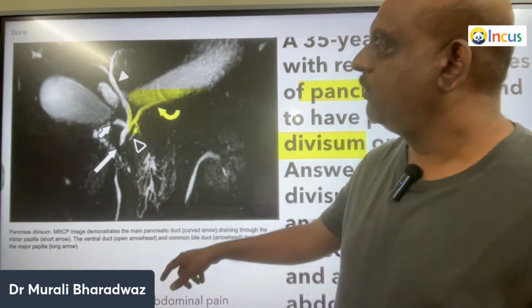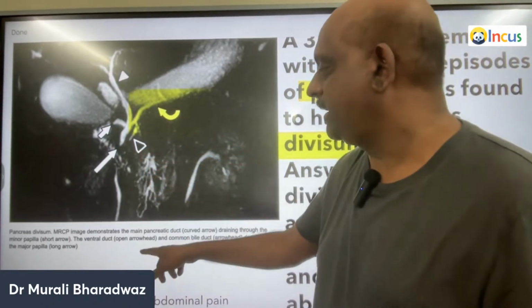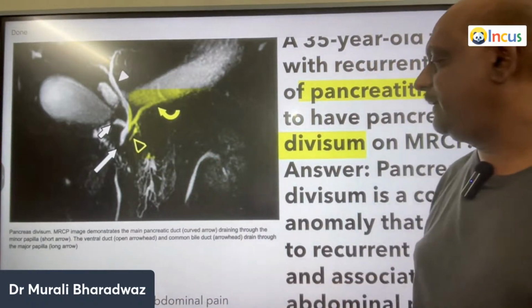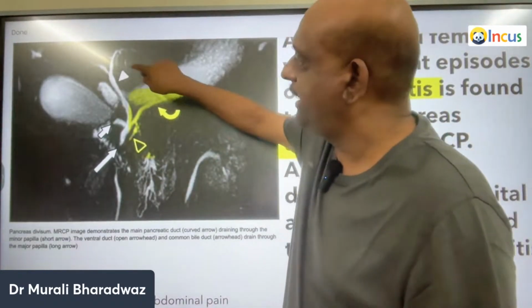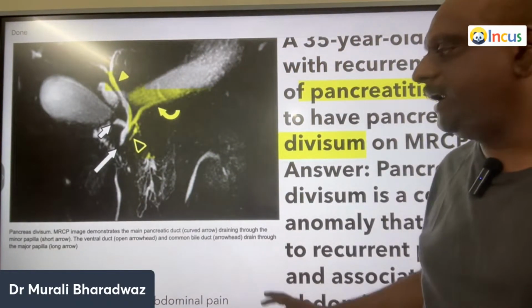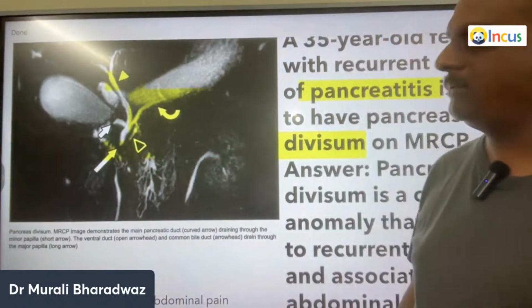The ventral duct is the open arrowhead, right? And the common bile duct is the arrowhead. You can see here, right? They drain through the major papilla, which is the long arrow.